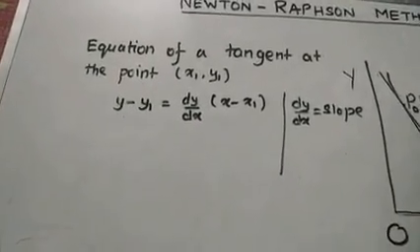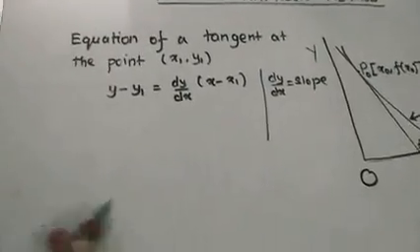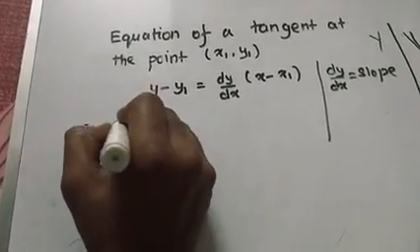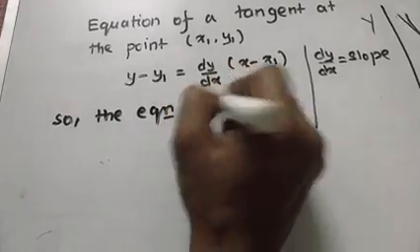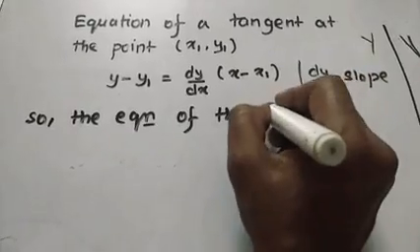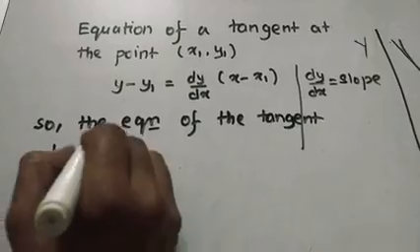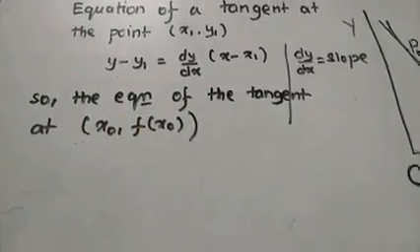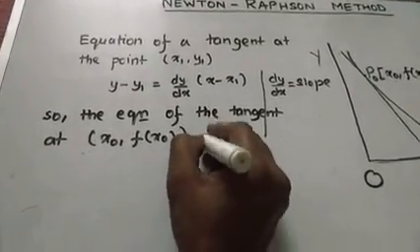So for this particular curve, let us write the equation of a tangent at x0 comma f of x0.